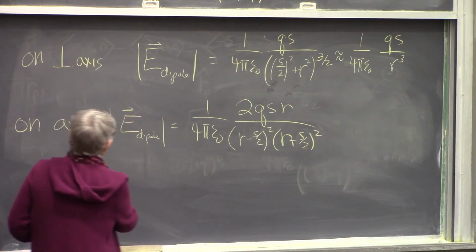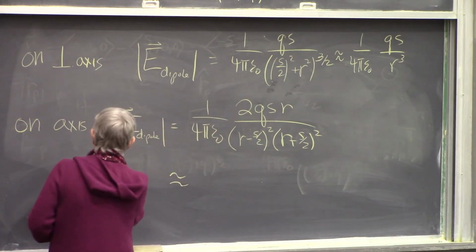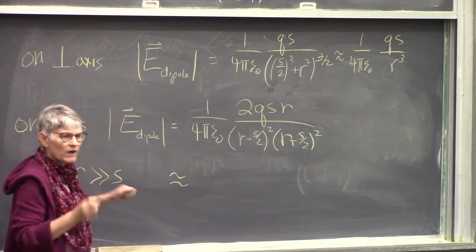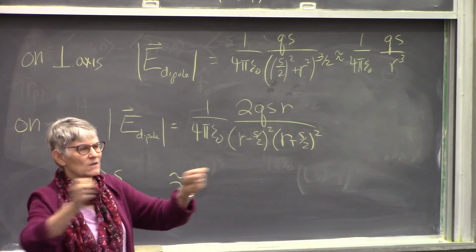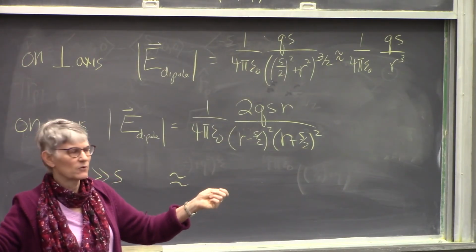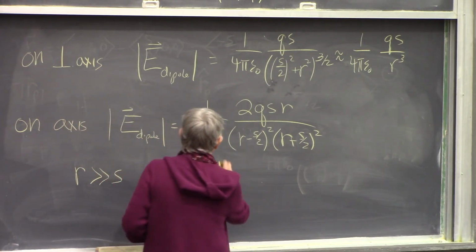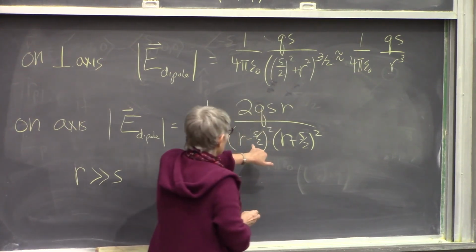And then if we make that situation, so our observation location is farther away than the dipole separation, and again we see that it is far away before it starts being a pretty good approximation, we're going to end up with 1 over 4 pi epsilon 0.